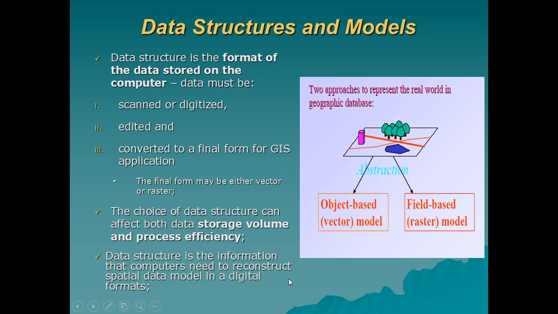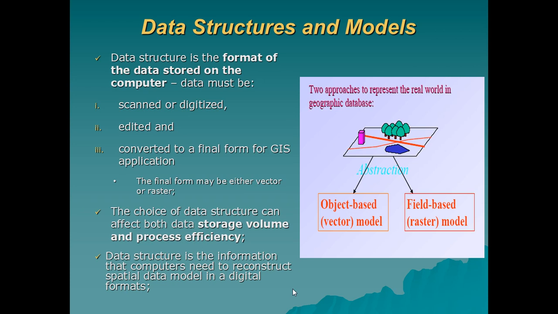Now the choice of the data structure can affect both your data storage volume and processing efficiency. I would have mentioned in previous lectures that typically your raster data model tends to require larger amounts of storage space than the vector.